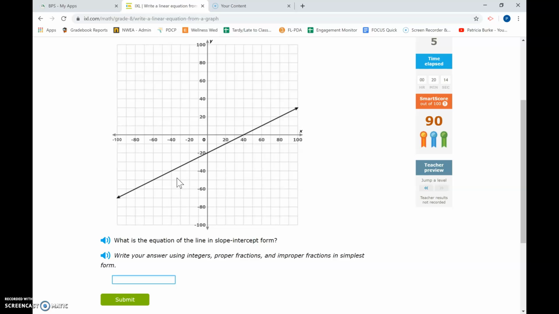We are still going for y equals mx plus b. Okay. Let's find that y-intercept first. Oh, look. Our y-intercept is right here, negative 20. Well, that would look like this: plus negative 20.